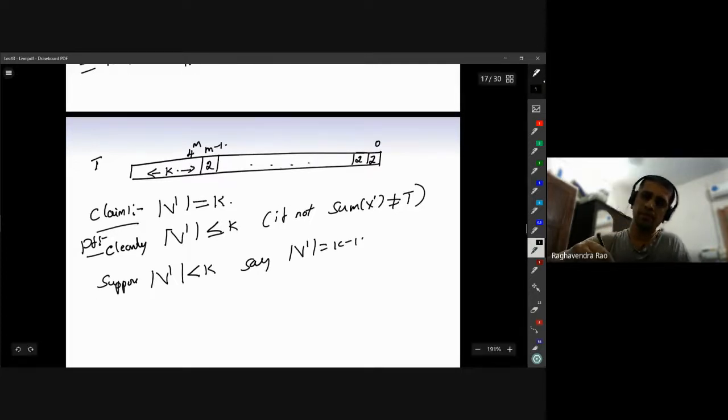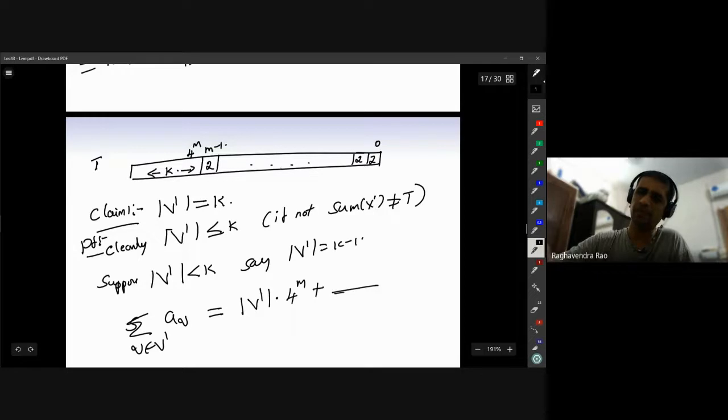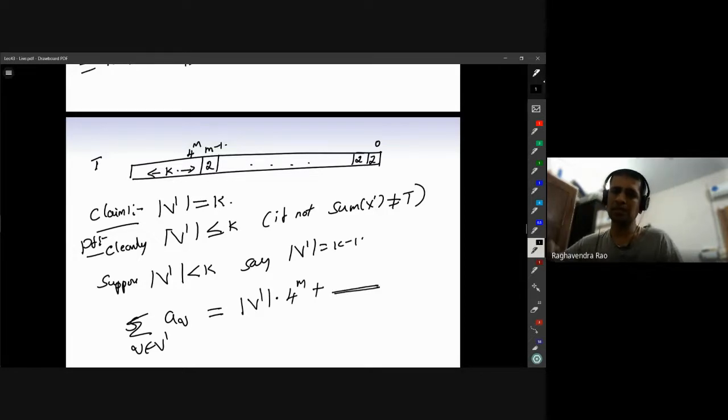Then summation V in V prime AV is equal to k minus 1, in fact cardinality of V prime, into 4 power m plus something. Now let's just count this something.